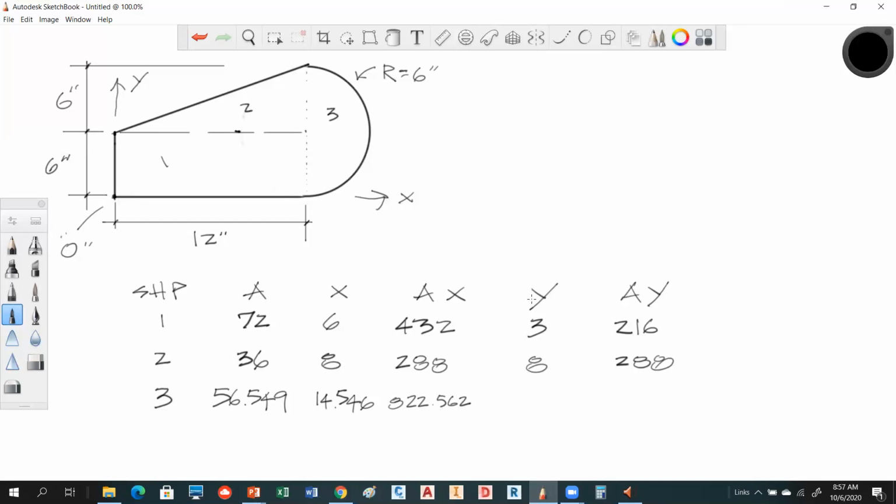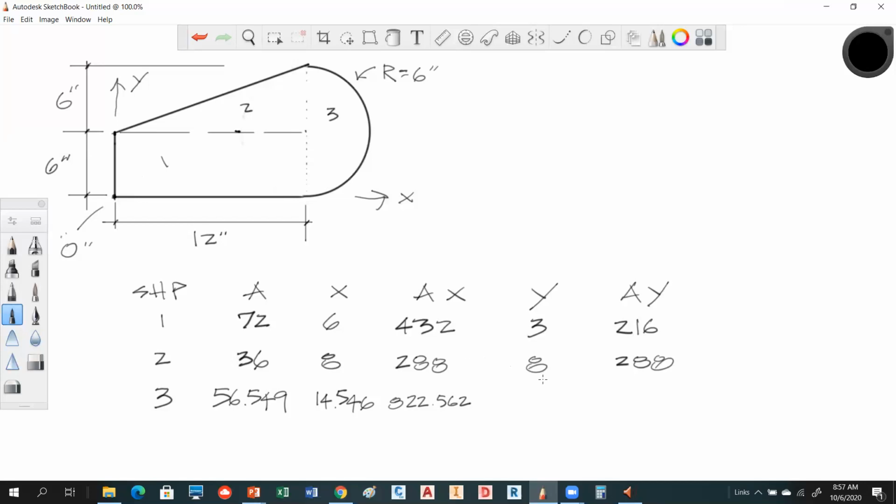Can somebody tell me where the y value of that's going to be? Wouldn't it just be 6? Yes, absolutely. It would just be 6. That's correct. So everybody else okay with that? Because that's really important.